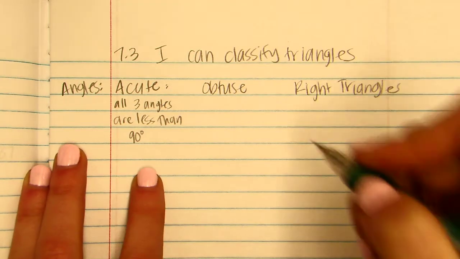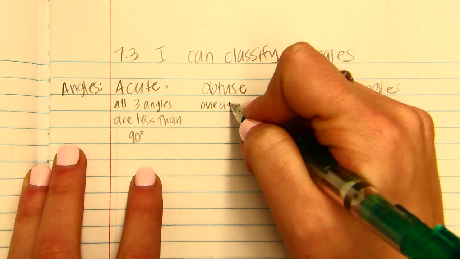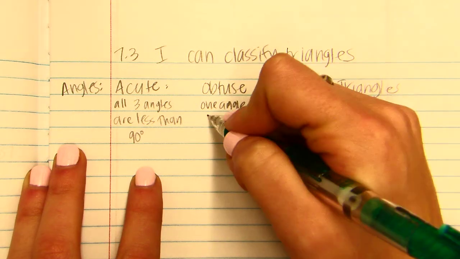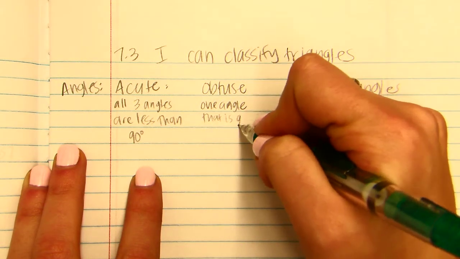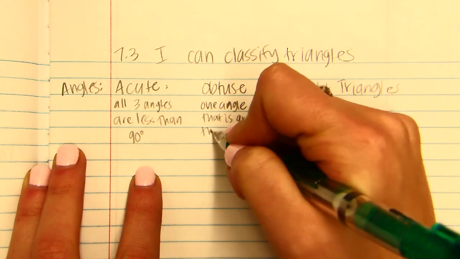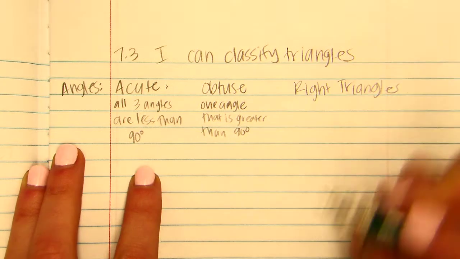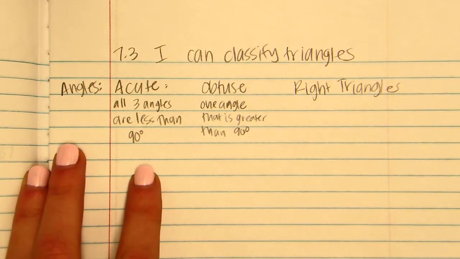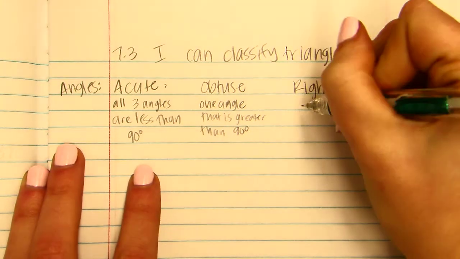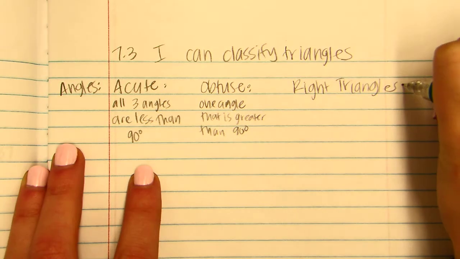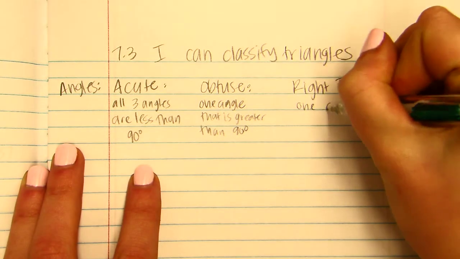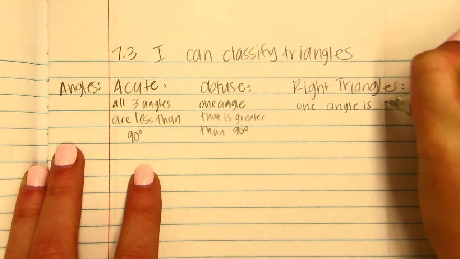If they're obtuse, they have one angle that is greater than 90 degrees. And if they're right triangles, they have one right angle. One angle is exactly 90 degrees.